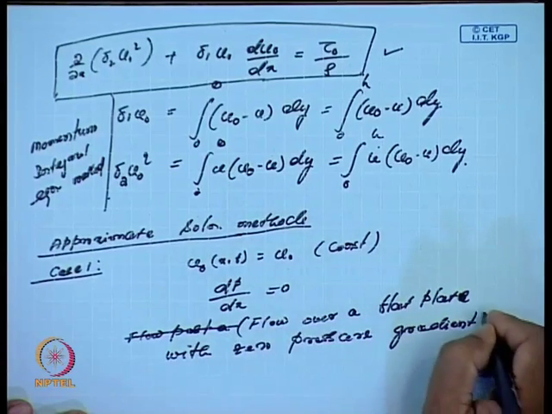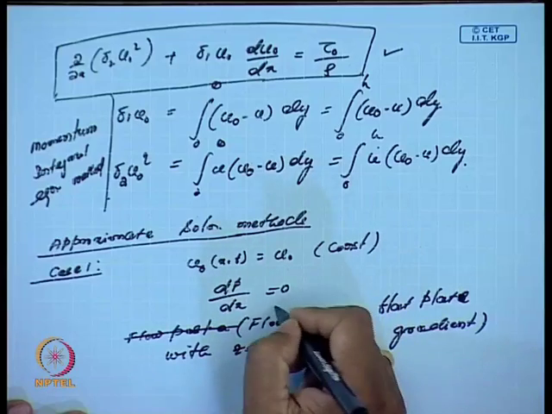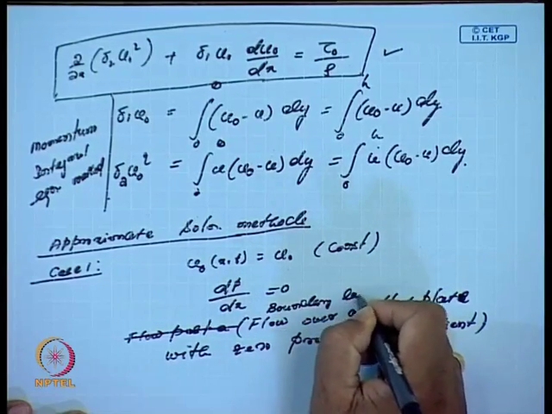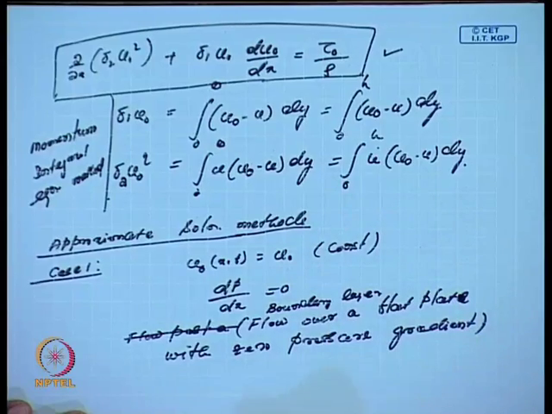So basically the boundary layer flow is over a flat plate with zero pressure gradient.